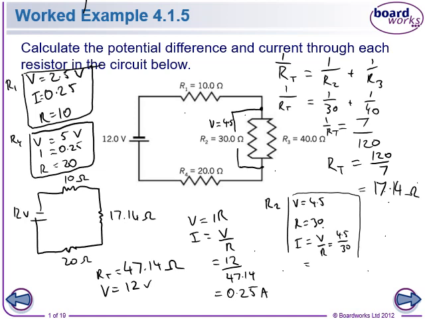Anyone work out 4.5 on 30? 0.15? Thank you. Now, for R3, same thing. We know our voltage is 4.5. We know our resistance is 40. And so, if someone could work out 4.5 divided by 40, I'm guessing it's going to be 0.1.